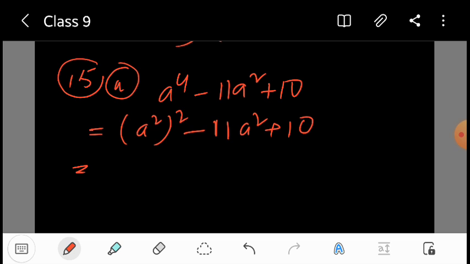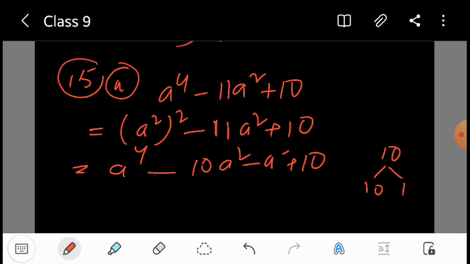So you can directly write this one, that is a to the power 4 minus 10a square. This 11 we shall break like this, 10 and 1. So minus 10a square minus a square plus 10, right? So if we take a square as common, this is a square minus 10. If I take minus 1 as common, this is a square minus 10.